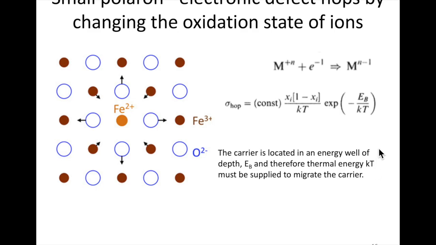So it's thermally activated. And so the conductivity is going to be related to thermal activation. You see the exponential, and we have the barrier of moving that, which is EB, divided by kT. So that's describing how the mobility is going to change based on this energy term.